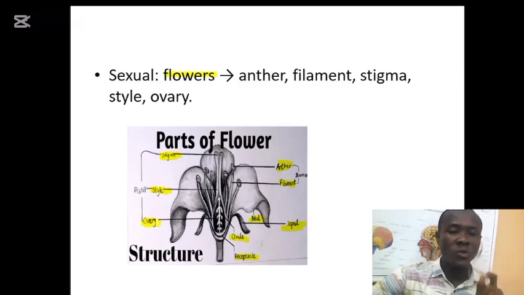The pollen tube develops in the style. That's why we say the style connects the stigma to the ovary. And we have the ovary, the one that contains the ovum, the female reproductive gamete in plants.